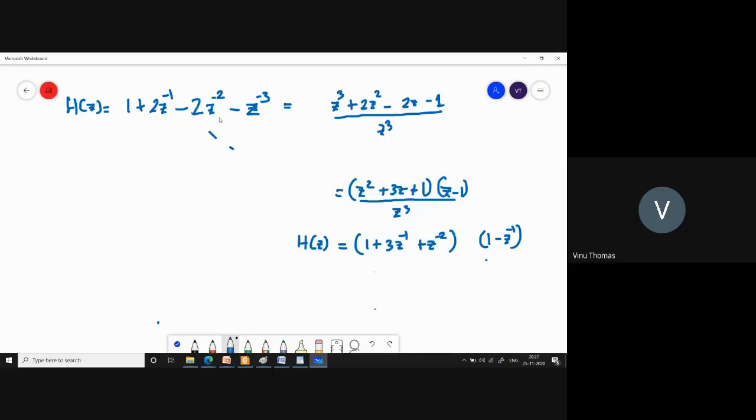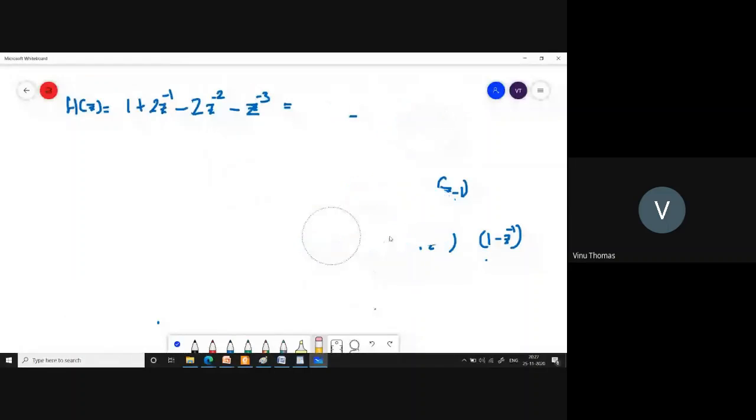Is it understood? So if I move on to a type 3 filter, for example, what will a type 3 filter look like? A type 3 filter definitely has to pass through the origin at the midpoint. So we'll have 0 at z raised to minus 2.